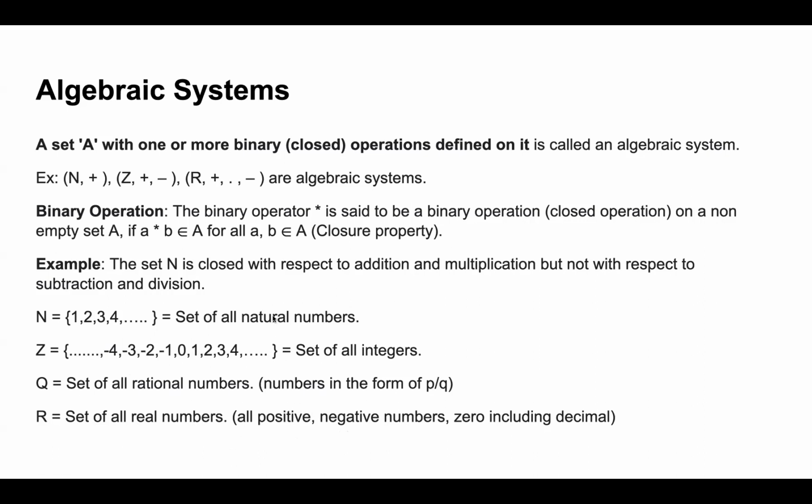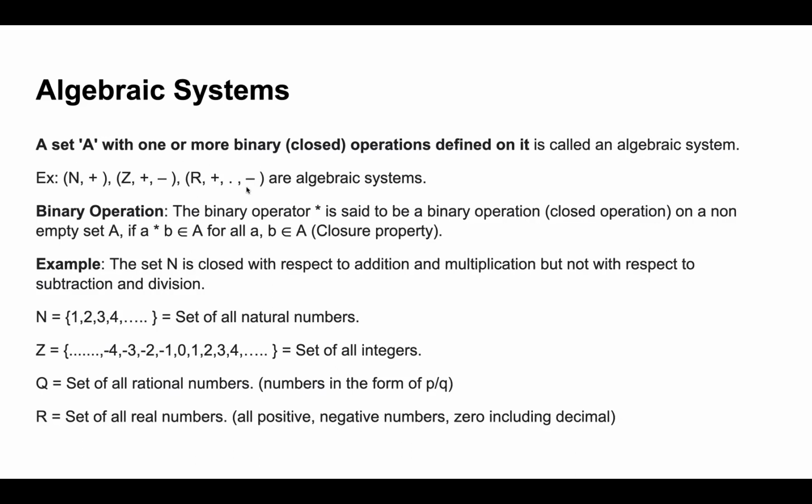It also satisfies all these properties, like the plus operation on real numbers. Then dot means the product of two numbers. Then minus means subtraction.